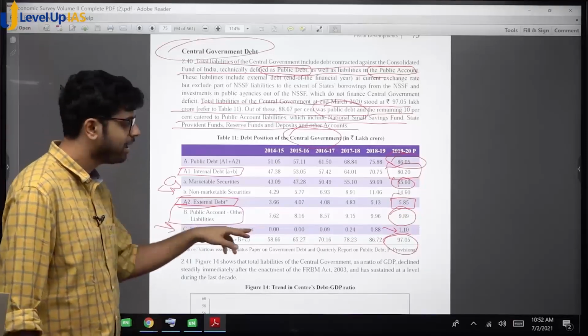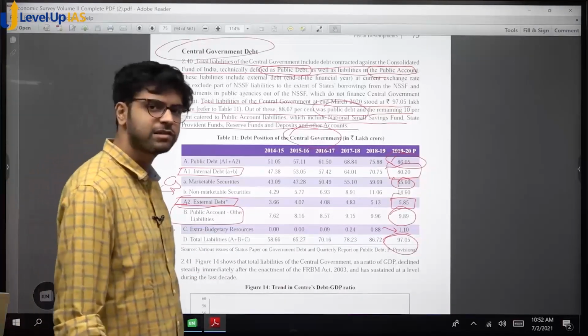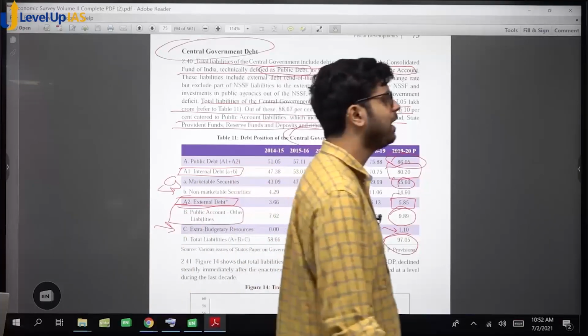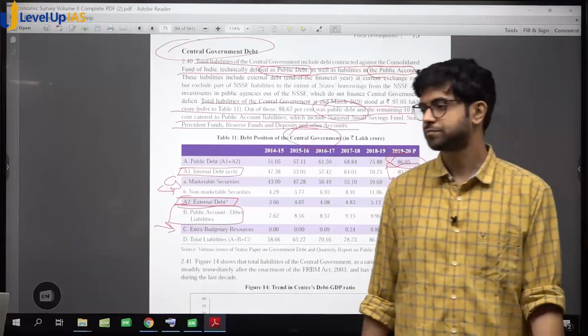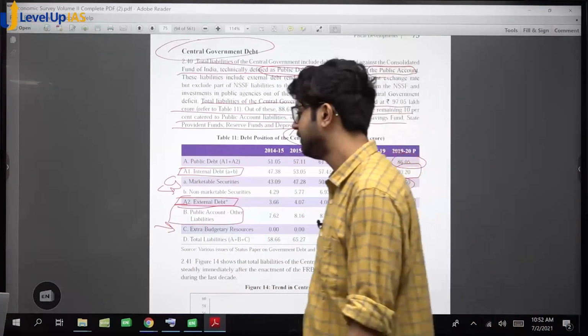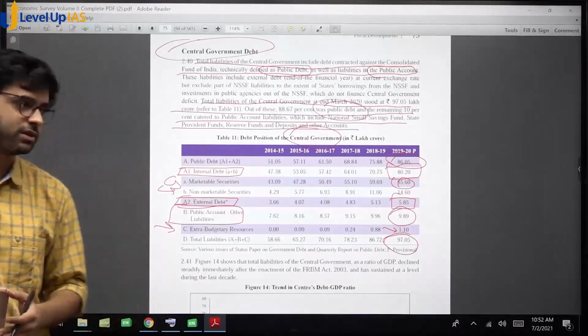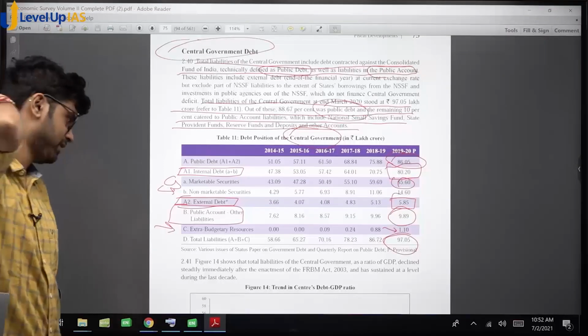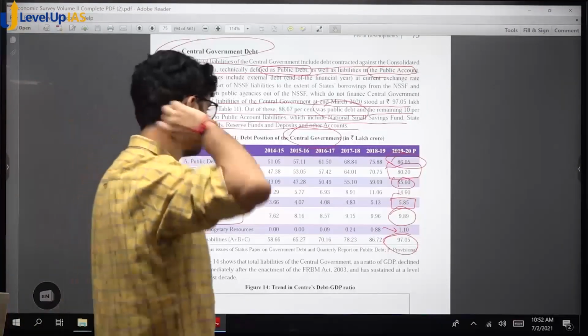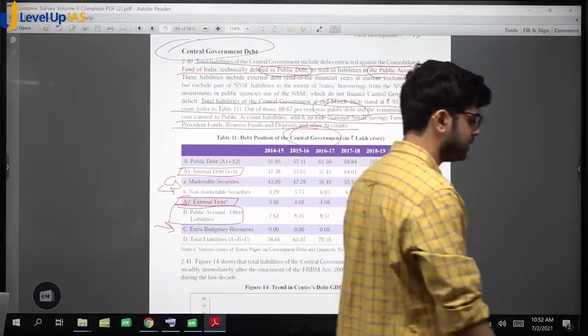And what is EBR? Did we do extra budgetary resources? Did we do EBR? Revision. We have done EBR. I had told you what are extra budgetary resources. Think and tell, take 2 minutes, but think and tell. What are extra budgetary resources? EBR.